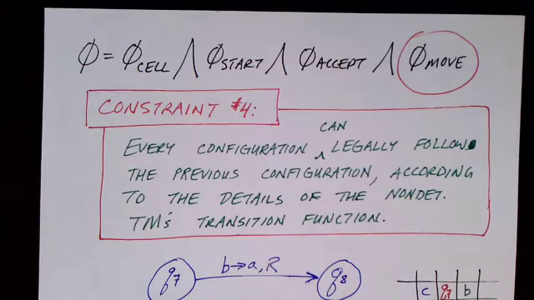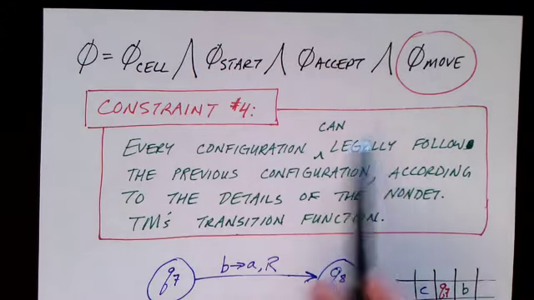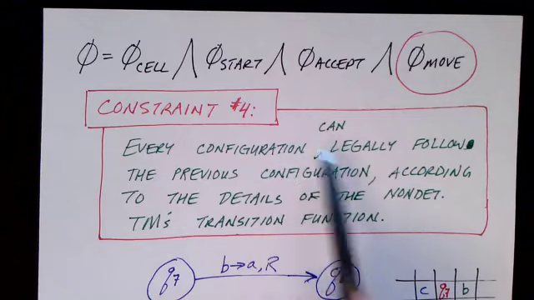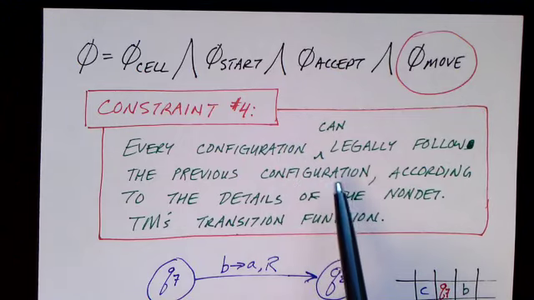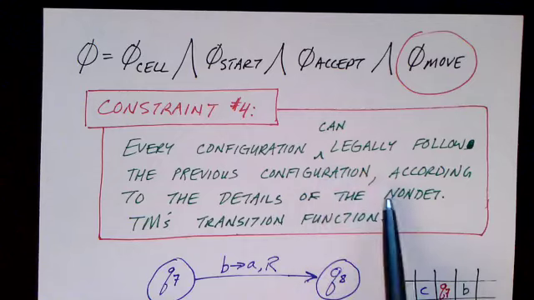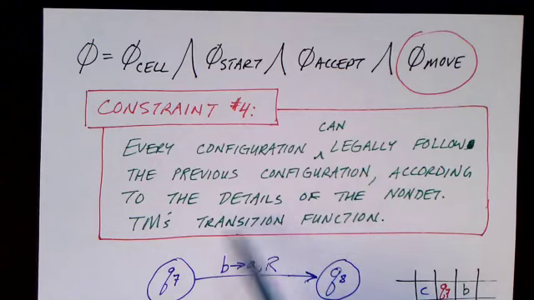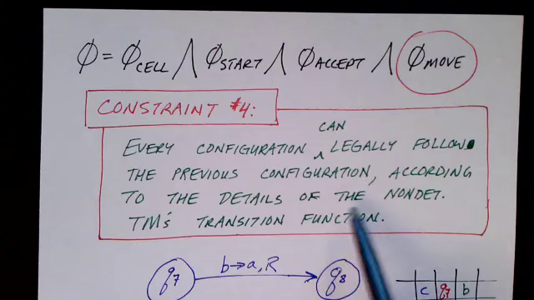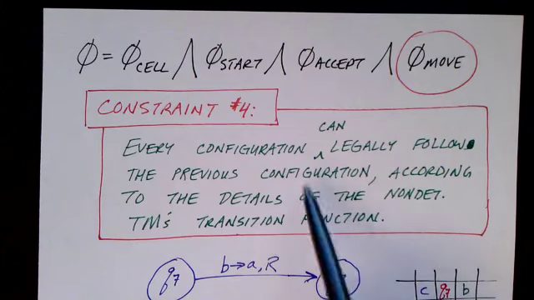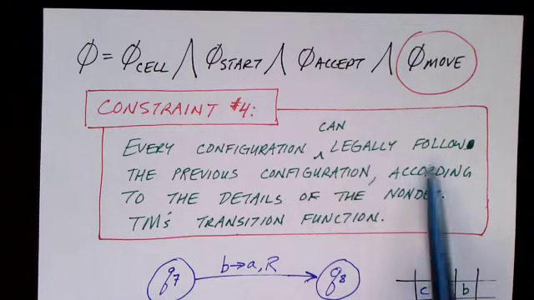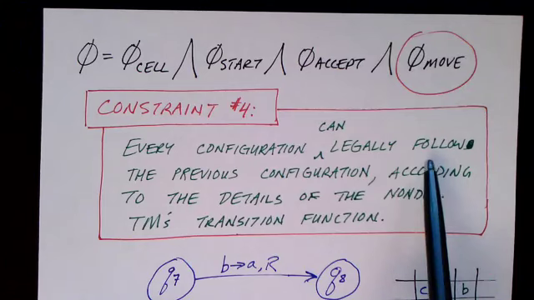Okay, the final constraint in our equation is that every configuration can legally follow the previous configuration according to the details of the Turing machine's transition function. Now this is a non-deterministic Turing machine, so I say can legally follow. There can be several possible next configurations from any given configuration.